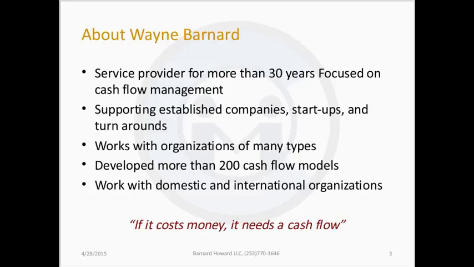The cash flow modeling that we've built is one that we've designed to fit many different industries, but I'll give you the basics of how to build a good cash flow model. We have produced probably over 200 different models over the years, and that's the background that I want to share with you today. We can go to the next slide.